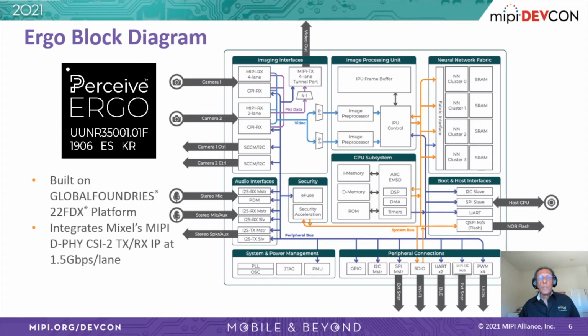The neural network clusters and their SRAM occupy over 2/3 of the area of the chip. This is where segmentation, identification, inferences, and other functions take place. Ergo is built to protect privacy and security without compromising speed, using on-chip hardware accelerated decryption for the embedded software and neural assets.